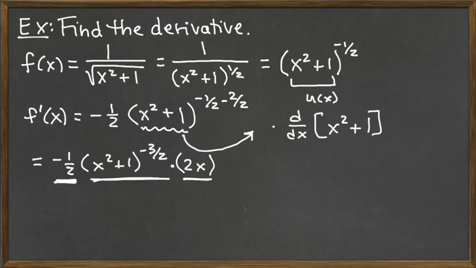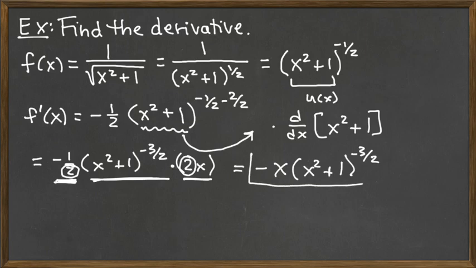And so to me, I see the negative 1/2 times 2x. I would see the 2 that's on the bottom here and the 2 here canceling each other out, leaving me with a negative x. And then we have the factor x squared plus 1 raised to the negative 3/2 power. And that would be our answer for the derivative.